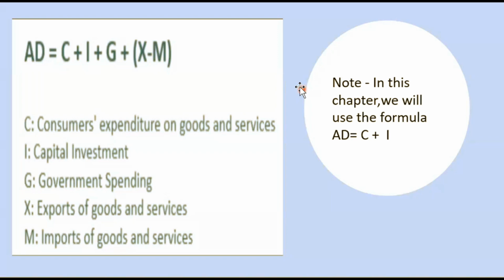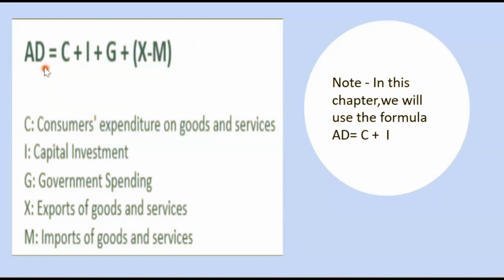So we will be focusing mostly on calculation of AD in two-sector economy. But we should know the components of other sector economies also. So let us study about the components of aggregate demand.